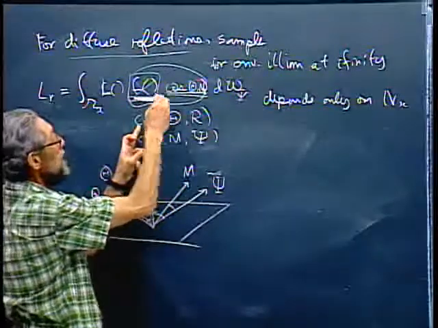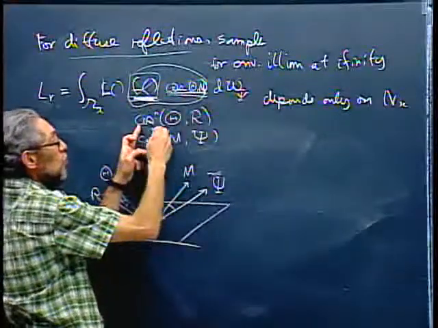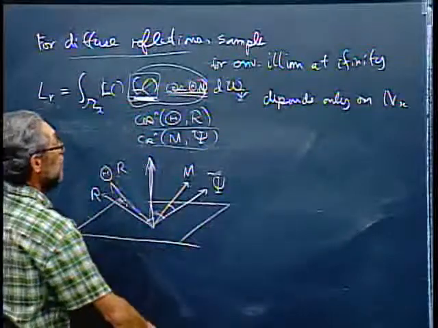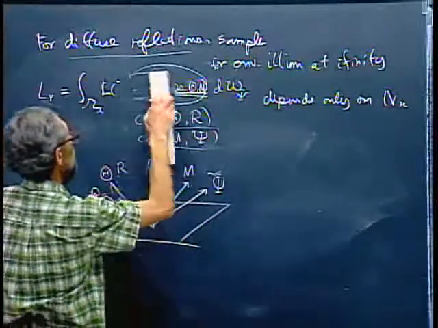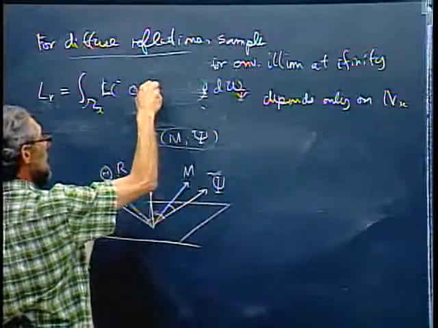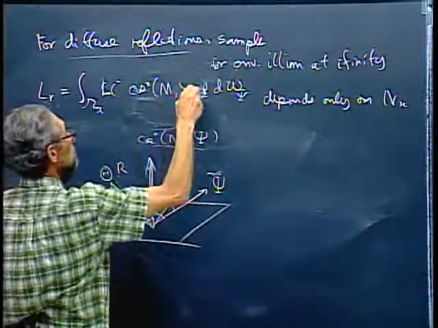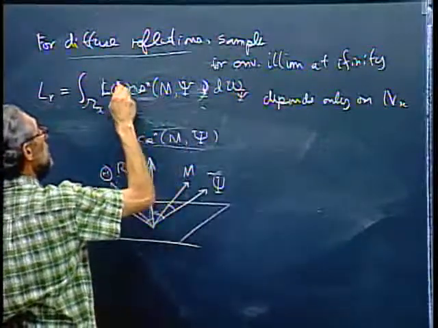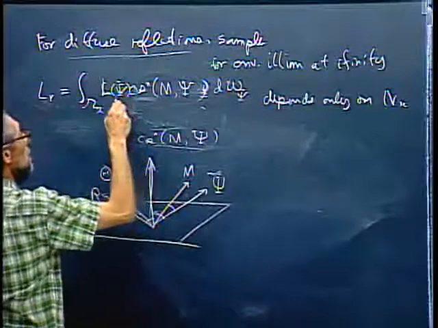So the BRDF times the cosine is what's equal to this number, which means this integral is just L times cosine to the n of m and psi. And this L is coming in from direction psi.